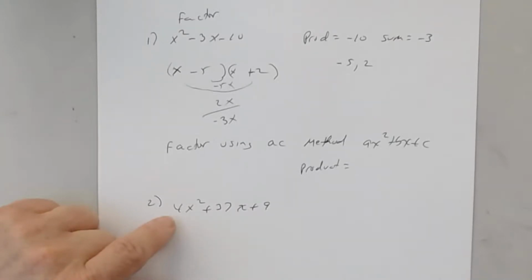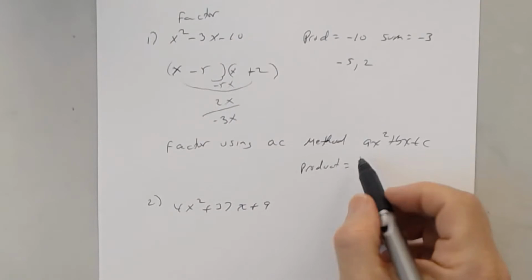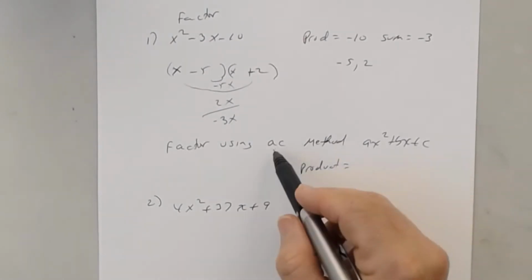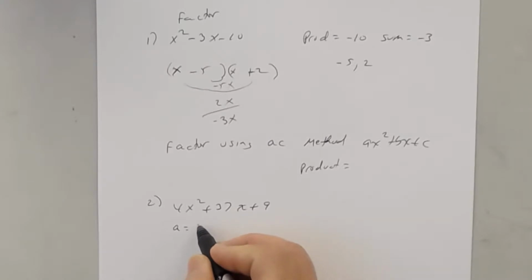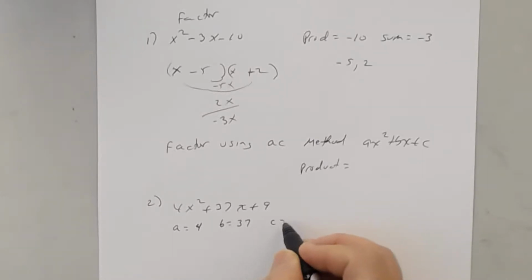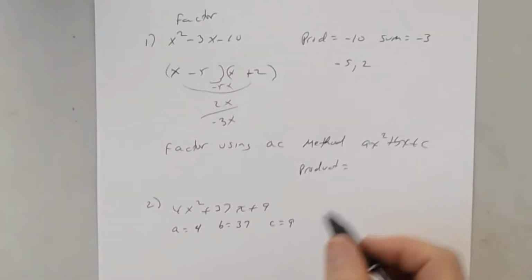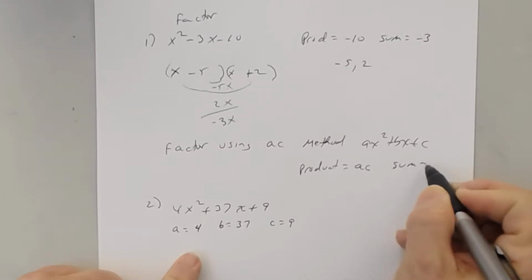It's 4. So when using the AC method, you want to find two numbers whose product is AC. What is a in this case? 4, right? What is b? 37. What is c? 9. So I want two numbers whose product is AC and whose sum is b.